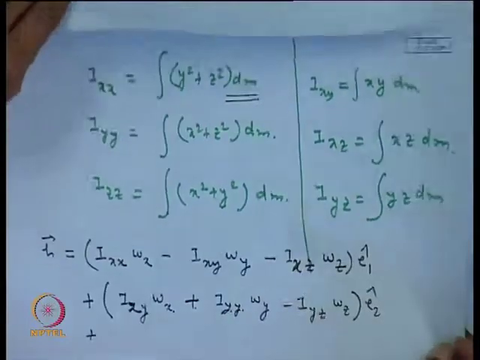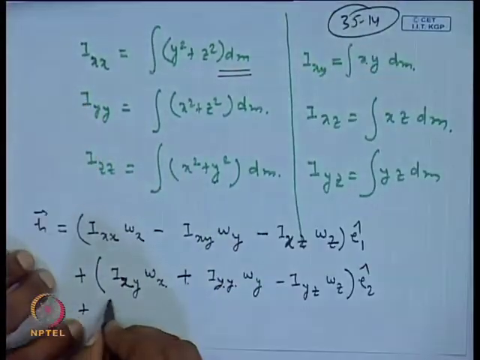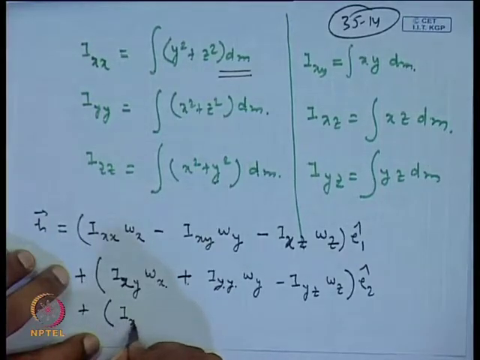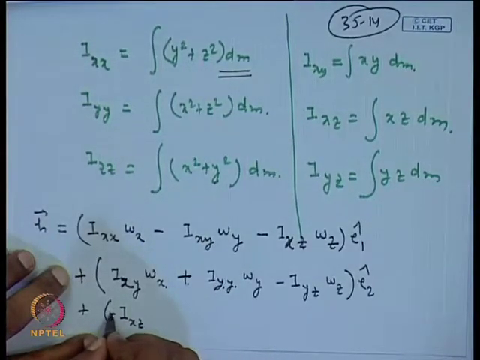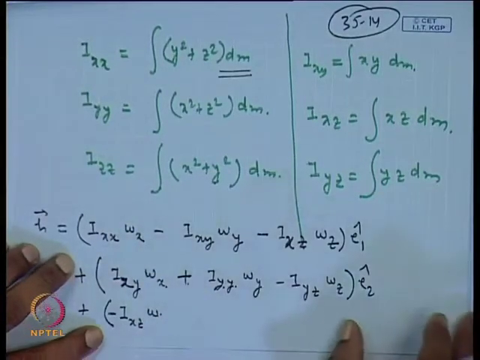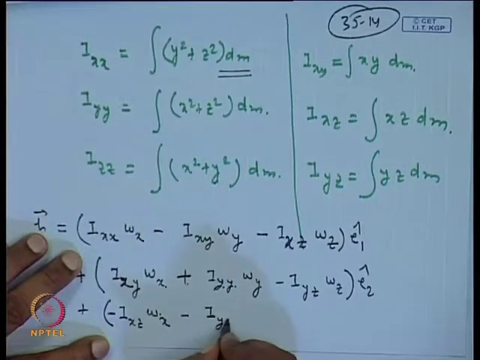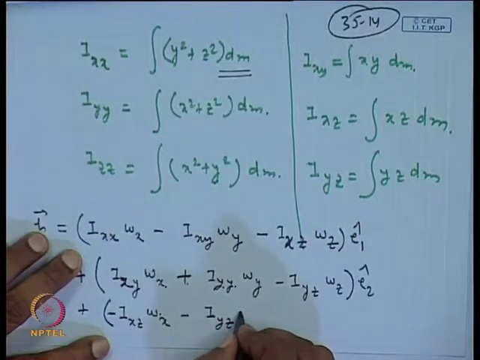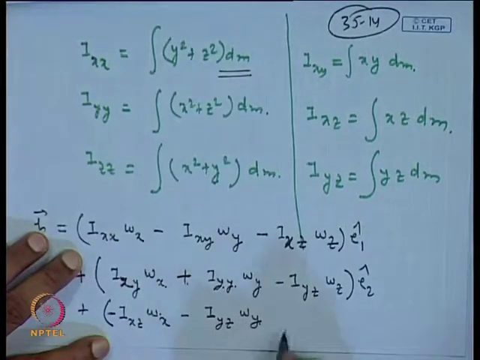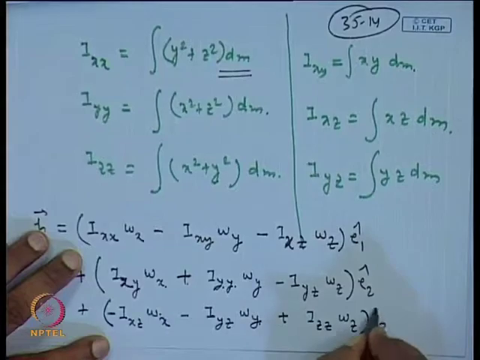we can write as I_xz with a negative sign times omega_x, minus I_yz times omega_y, and plus I_zz times omega_z, E3.